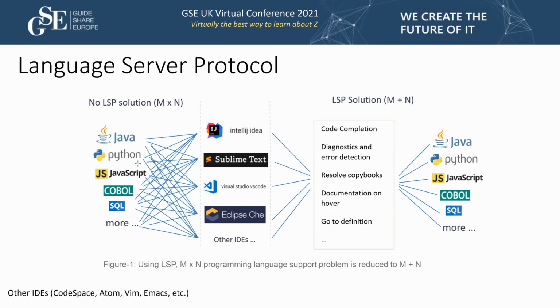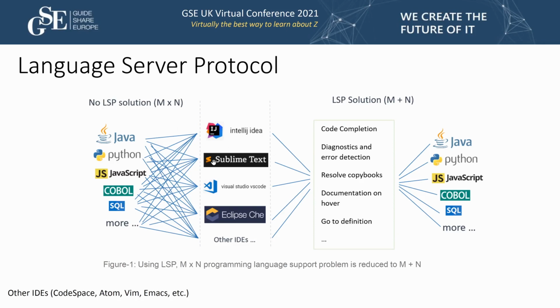Before LSP was introduced, every IDE implemented their own plugins or services to support language smartness, like highlighting, go-to definition, and many others. So for example, IntelliJ would implement language support for Java, Python, and JavaScript separately. Sublime, VS Code, and Eclipse do the same.